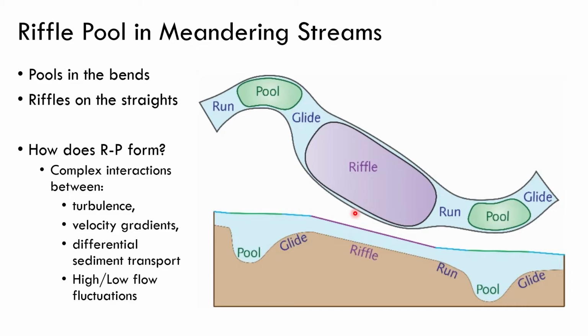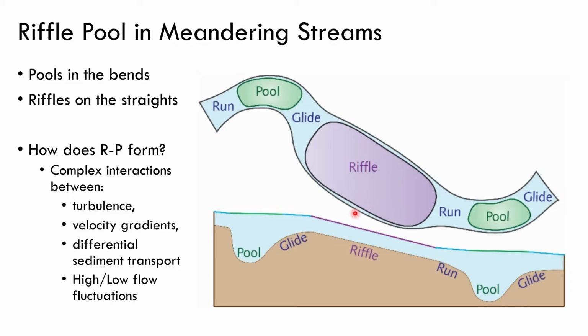And then another important aspect to these riffle pool systems is that it's not just the low flows and it's not just the high flows, it's the interactions between high flows, almost flood flows, and the low flows, and that constant seasonal or annual cycle of flows that gets us to this riffle pool morphology.